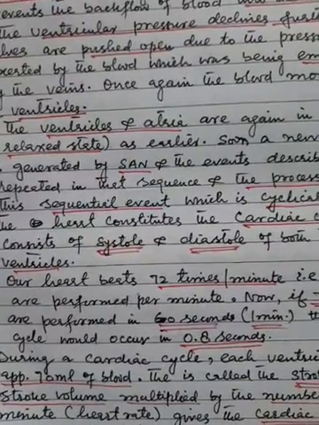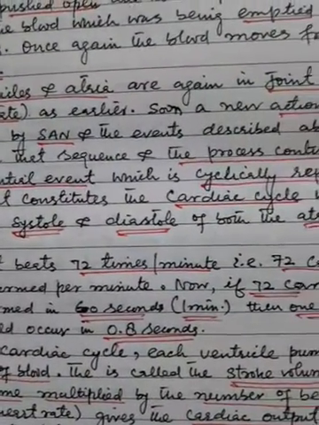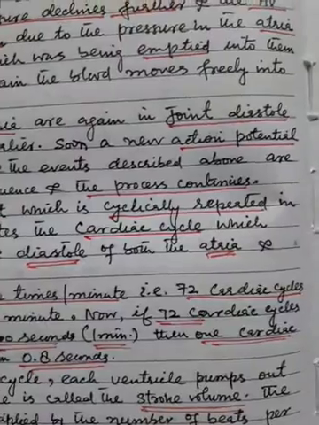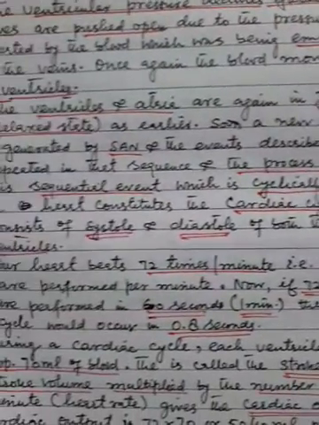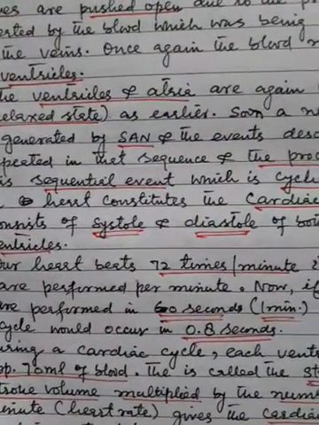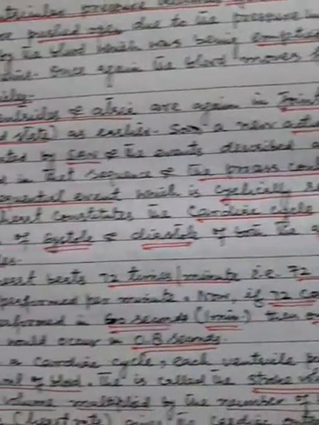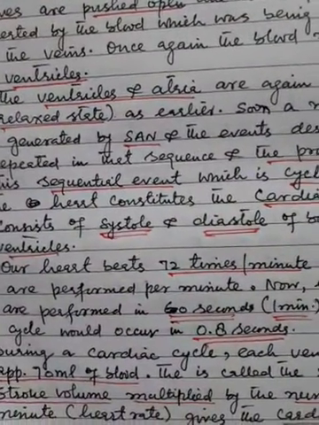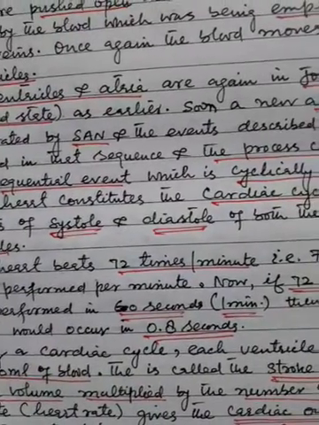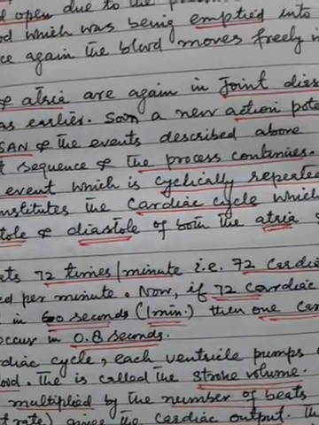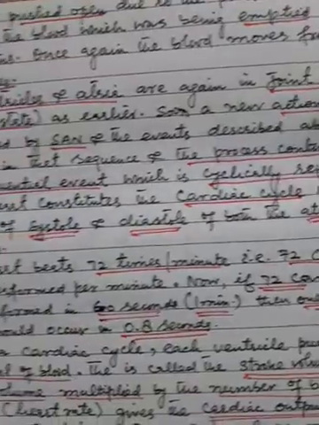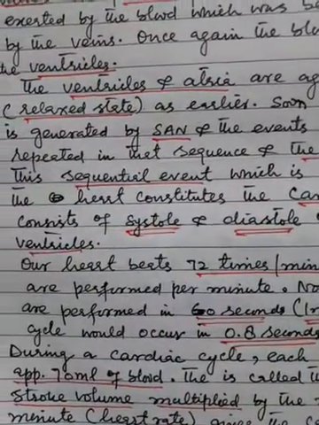This sequential event, which is cyclically repeated in the heart, constitutes the cardiac cycle, which consists of systole and diastole of both the atria and ventricles.